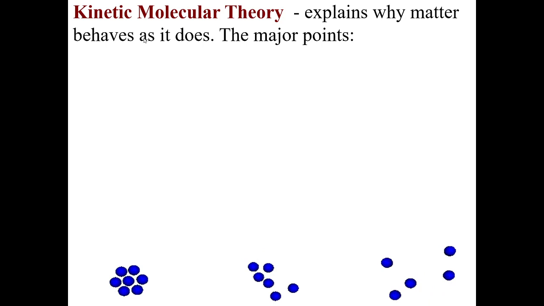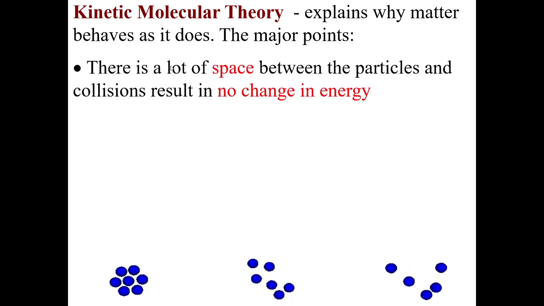Okay, so kinetic molecular theory explains why matter behaves the way it does. The major points: there's a lot of space between the particles, and collisions result in no change in energy. This part is specifically about gases. These three little animations at the bottom are going to keep playing for this whole slide.